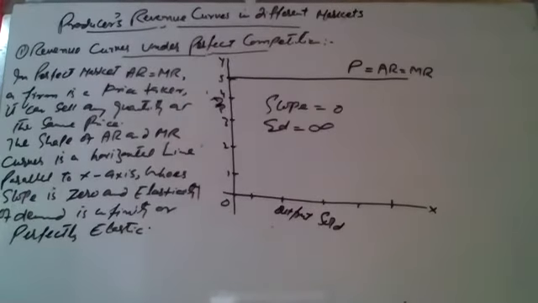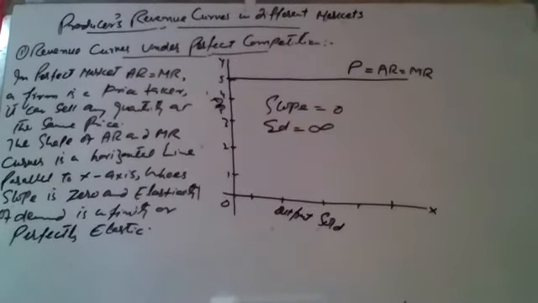So in the perfect market, the average revenue and marginal revenue curve is a horizontal line parallel to the x-axis whose slope is zero, and elasticity of demand is infinity, or perfectly elastic. Okay, you understand?